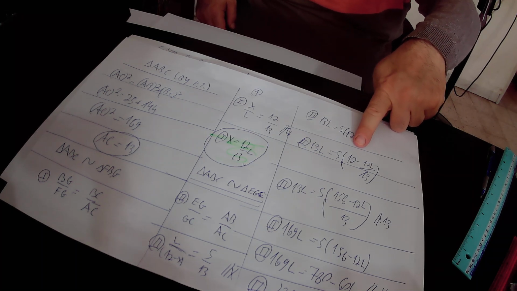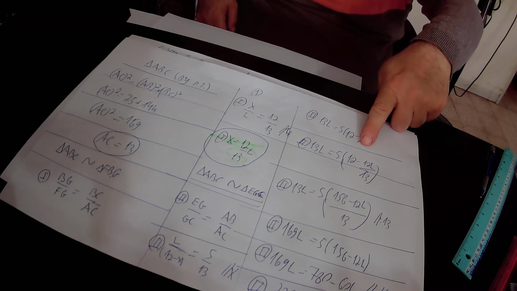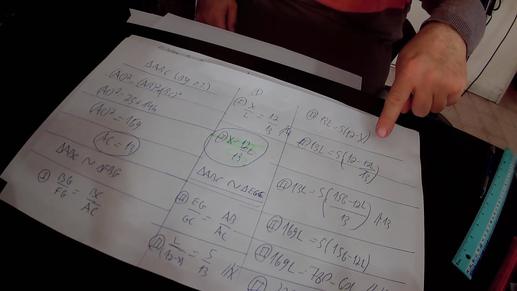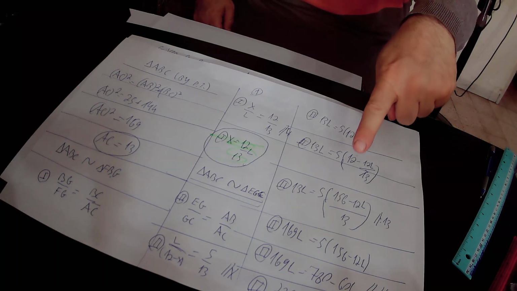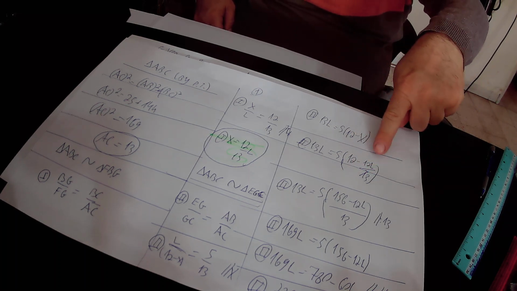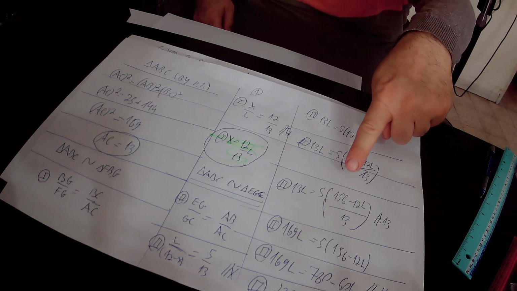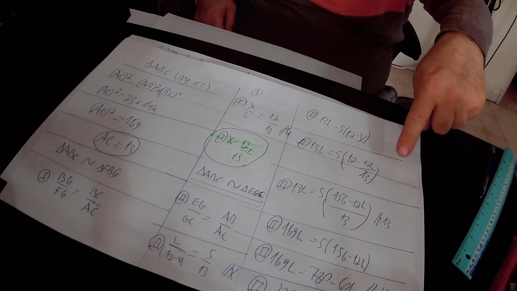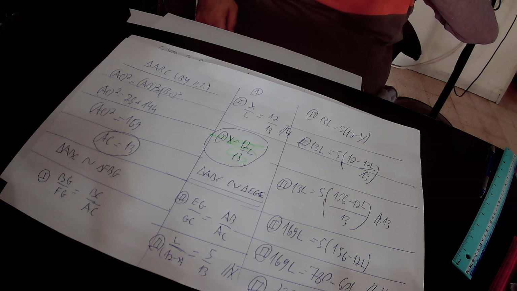You multiply 12 by 13 and then divide by 13 in order to remove the fraction. So 12 times 13 is 156. So in total, in the numerator of this expression, we will have 156 minus 12L, divided by 13.